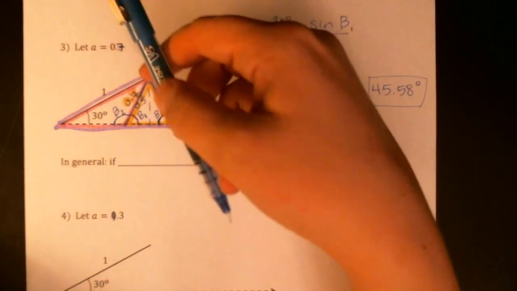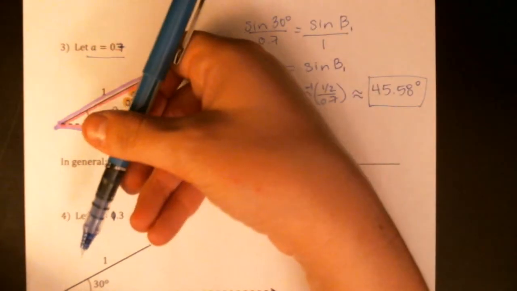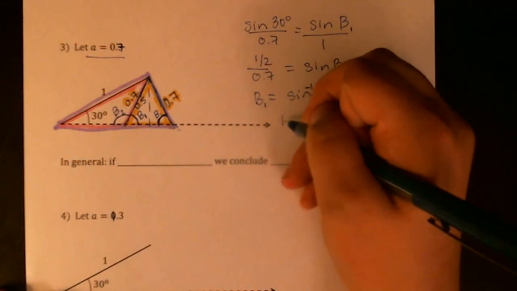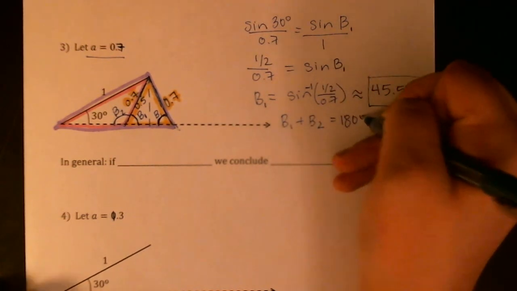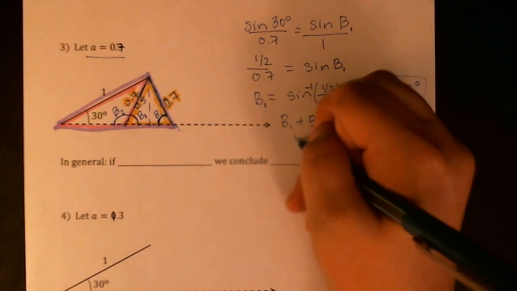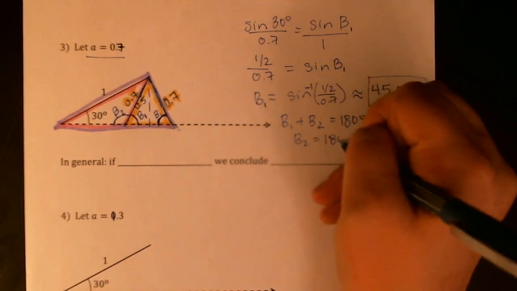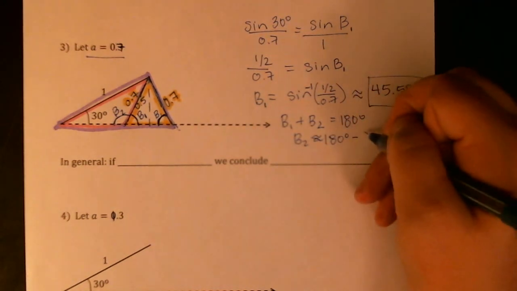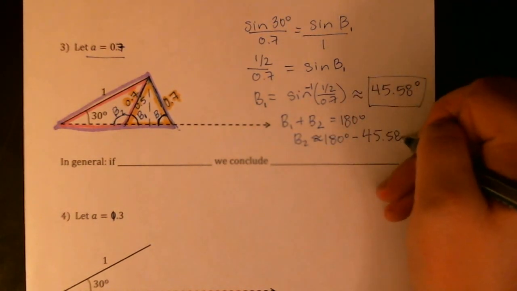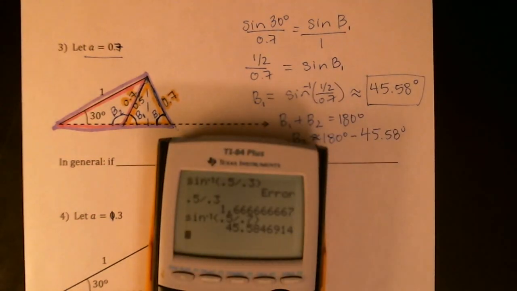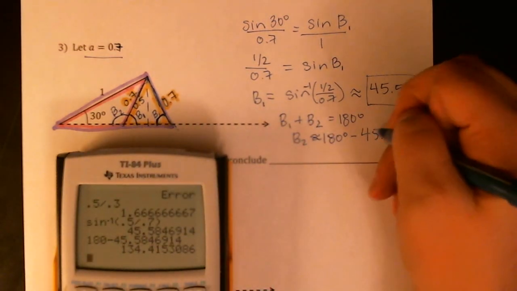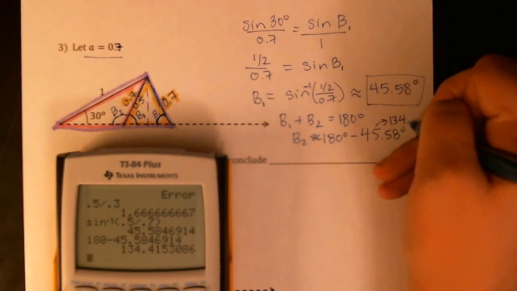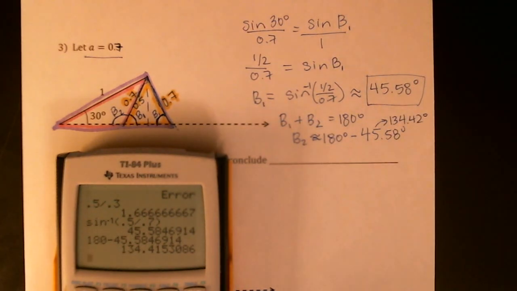It turns out that B1 plus B2 always have to be 180 degrees, which means that B2 is 180 minus, approximately, 45.58 degrees, which is 134.42 degrees approximately.